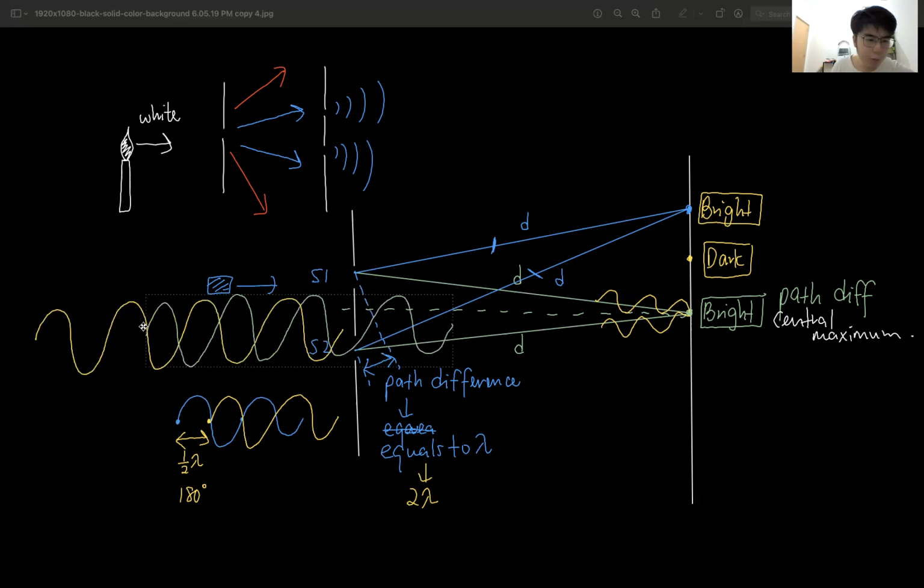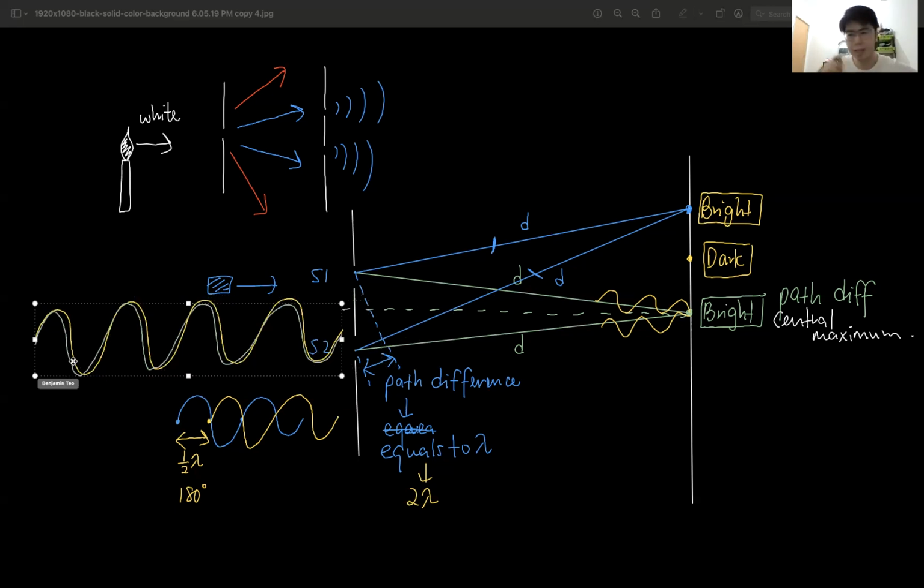Two wavelengths, one wavelength, and zero are all the same. The crest meets with the crest of the other wave. So all of these form constructive interference. Whether it is one wavelength, two, three or four wavelengths, it is all constructive interference.